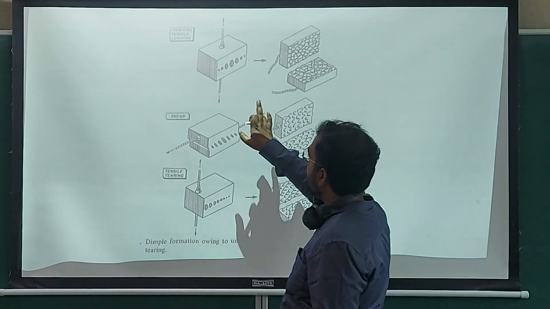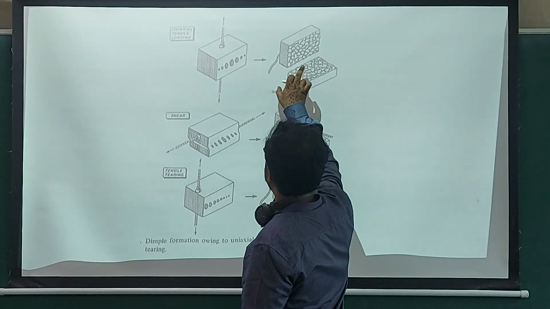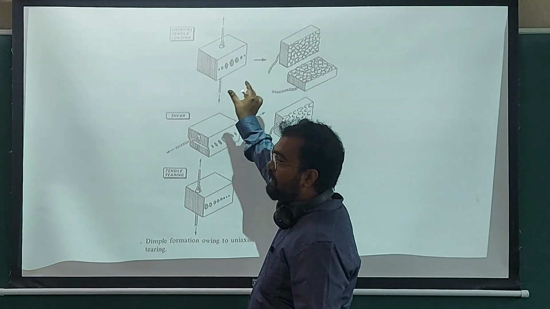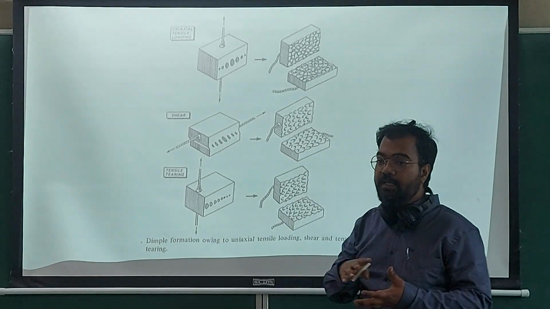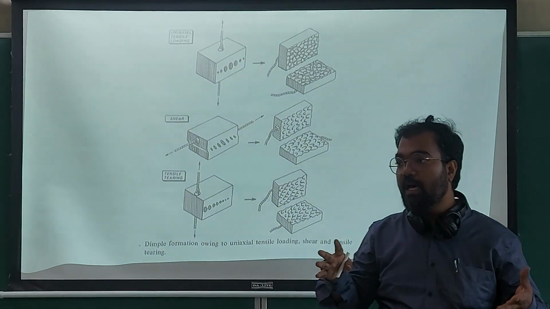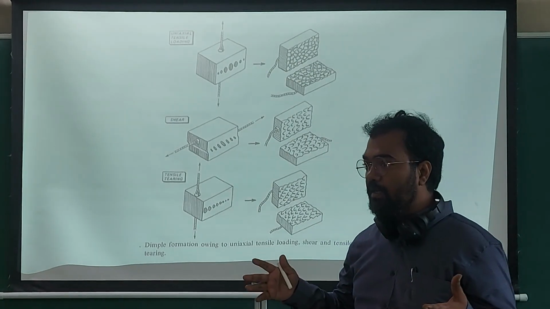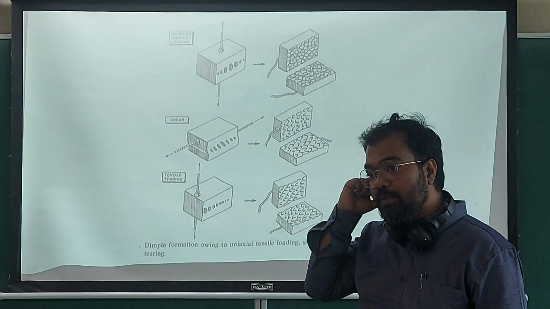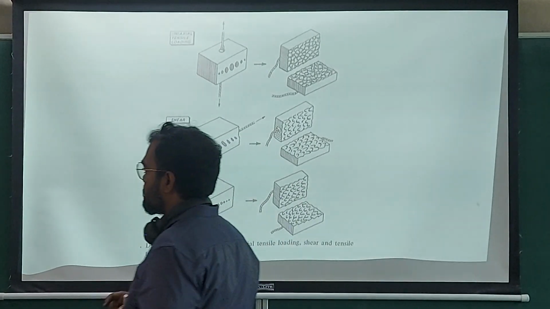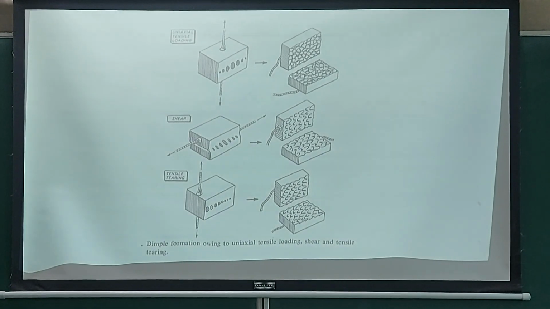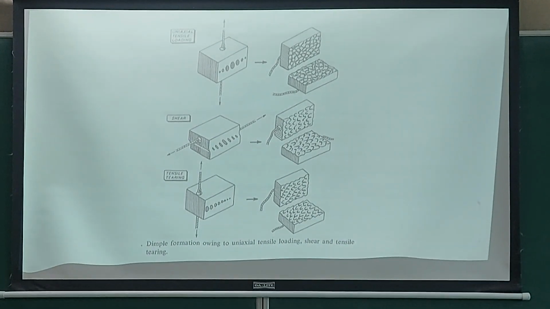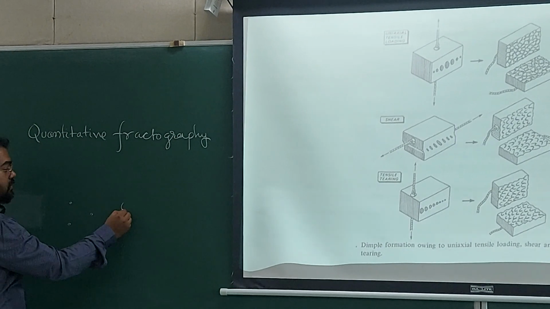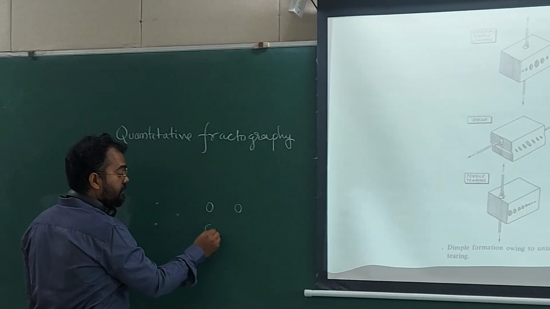So if the material is very ductile, then you will have larger dimple size, but then it is not that simple. Because the kinetics of void is nucleation and then growth and then coalescence.